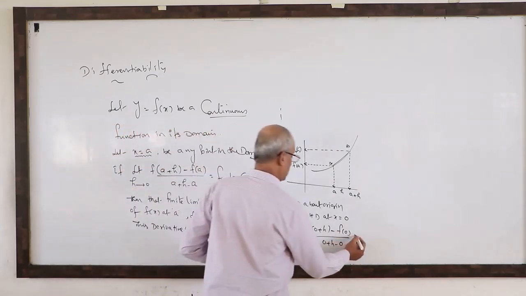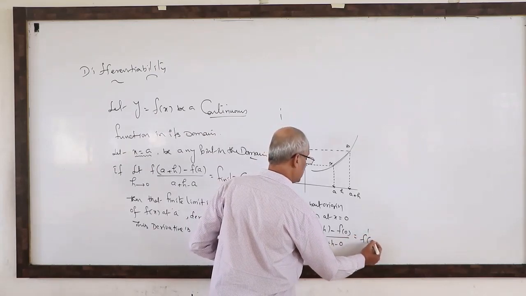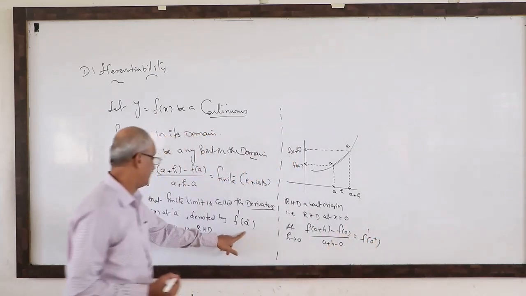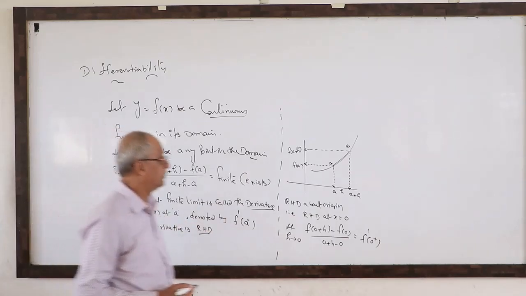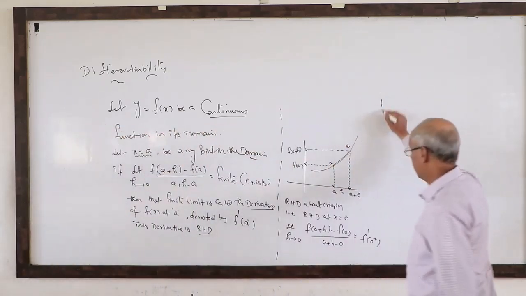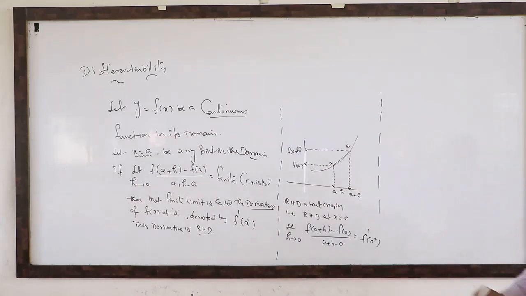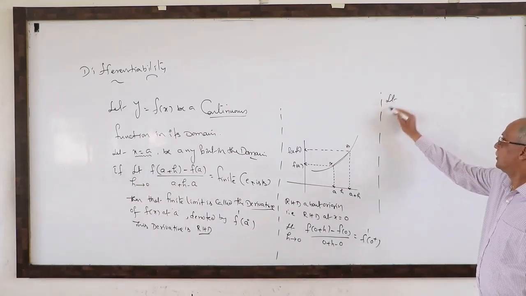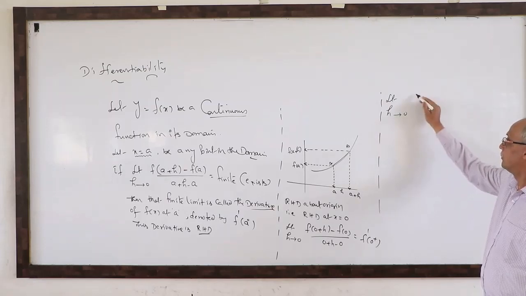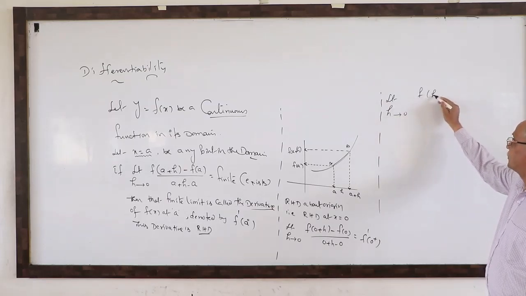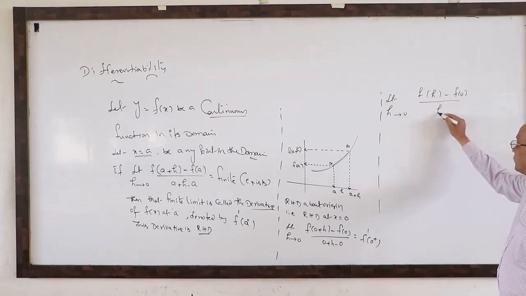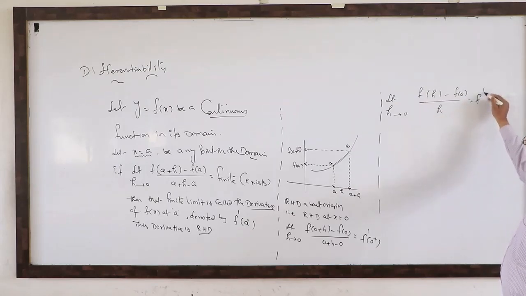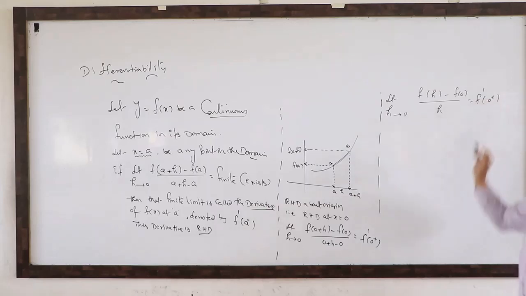Which is equal to f dash of 0 plus. That is, limit h tends to 0, f of h minus f of 0 by h is f dash of 0 plus.